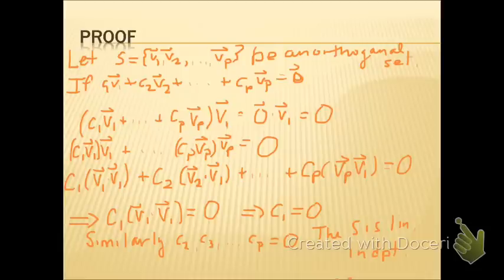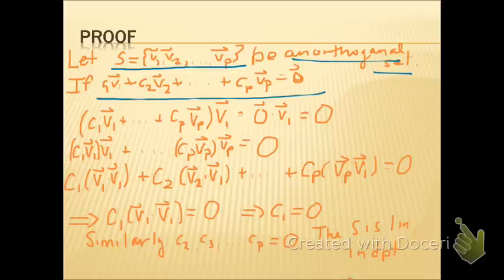First, let the set S be the vectors v1, v2 through vp, and this is an orthogonal set. Suppose we have the linear combination c1 v1 plus c2 v2 through cp vp equal to the 0 vector.